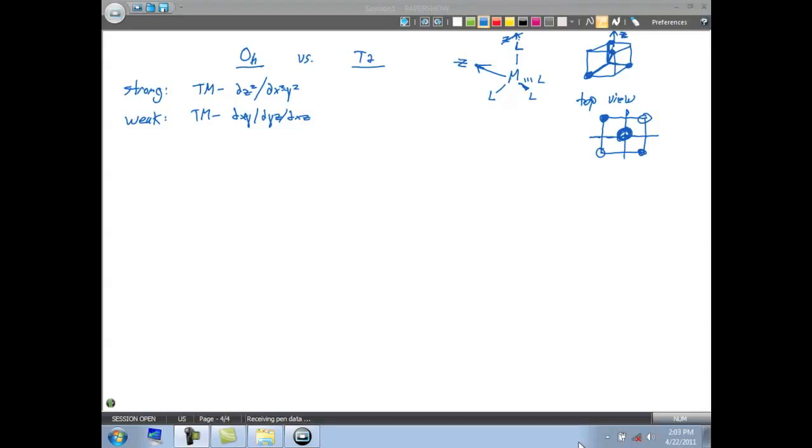If we looked at these axes right here and we said this is the x and this is the y axis, and I would draw on here the dx squared minus y squared orbitals, the lobes would look like this. So here's how the transition metal dx squared minus y squared orbitals would interact with the ligands. But if I would go back and draw the dxy orbitals, they would point like this.